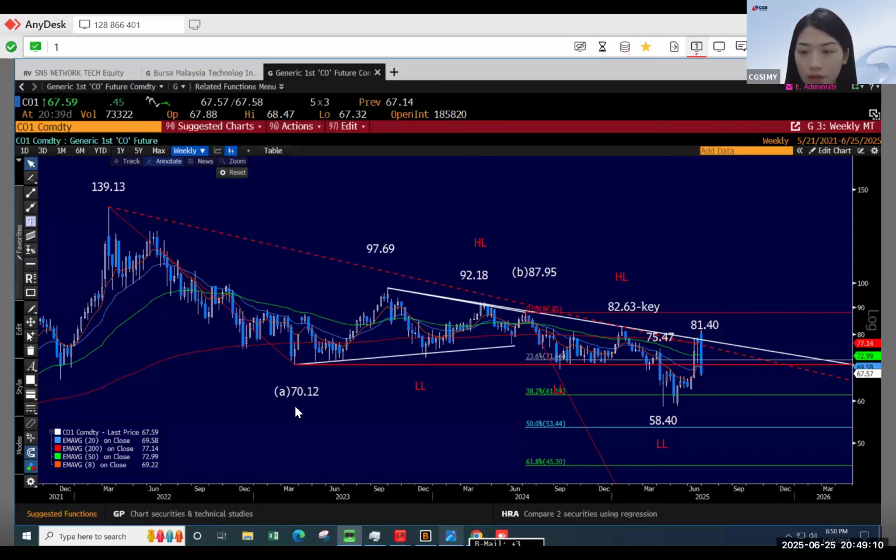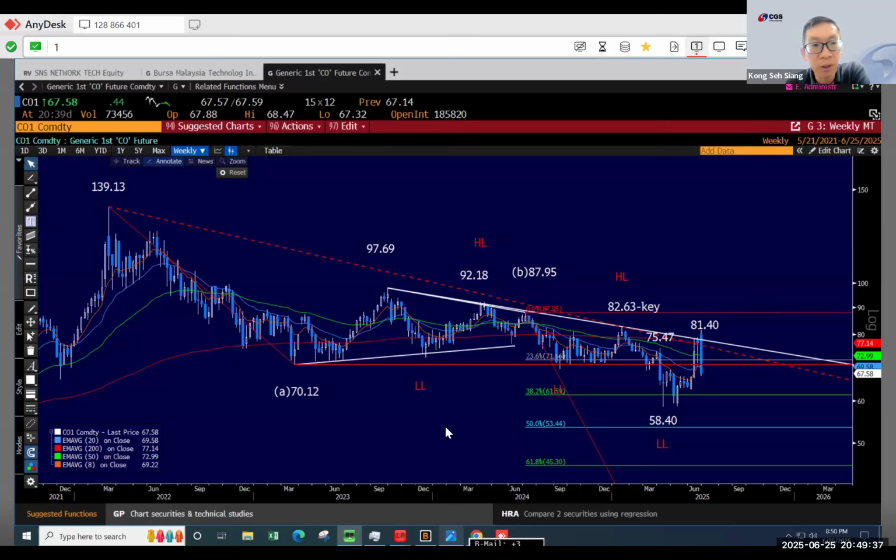So got another question coming in, how about technical company? What do you mean by technical company? Tech stocks, you mean? Yeah, I think tech stock, like IT company. Yeah, so tech stocks, if you're looking at Malaysia, then I think that we are getting to a level which is key.